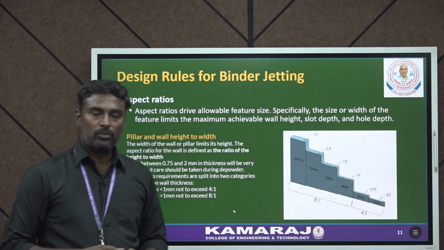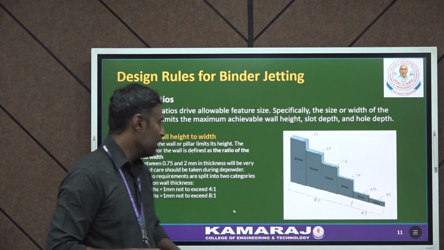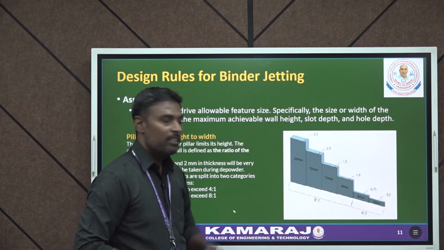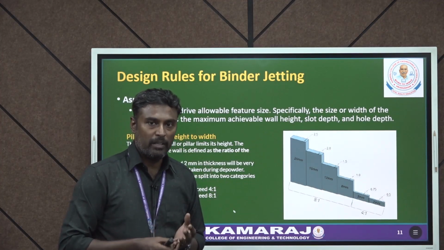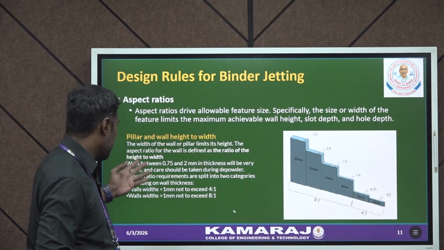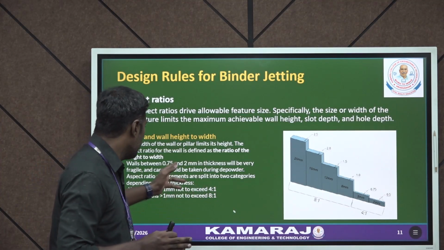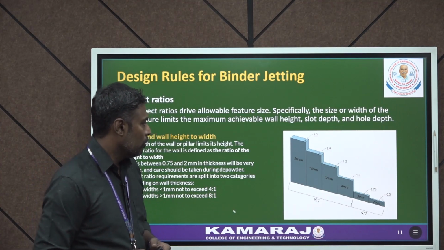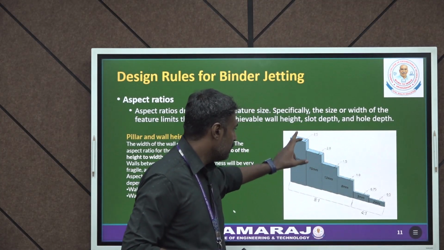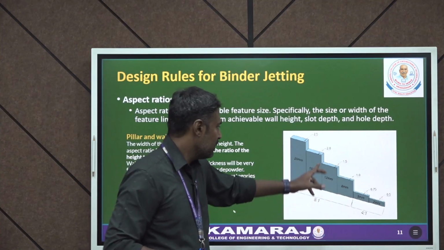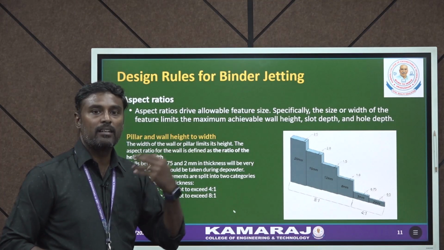Then the aspect ratios. The aspect ratio is the ratio between the width and height. This is the height and this is the width. For each and every height and width, we have to maintain proper aspect ratios. Here the height to width of the wall should be maintained between 0.75 and 2 mm. So here it is 2 mm and this is 0.75 mm. Otherwise these lead to failures, while printed components within this range give better results.